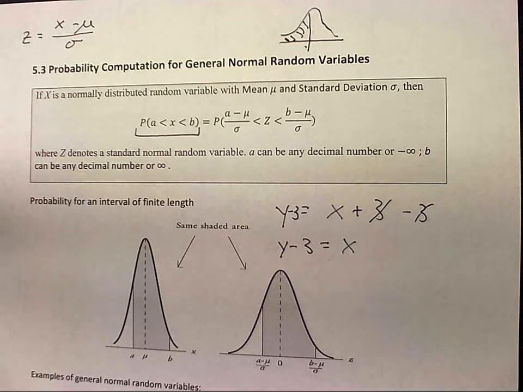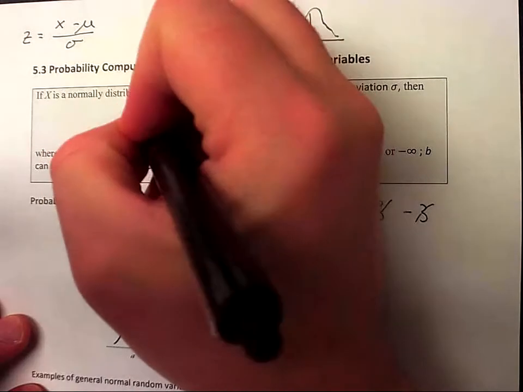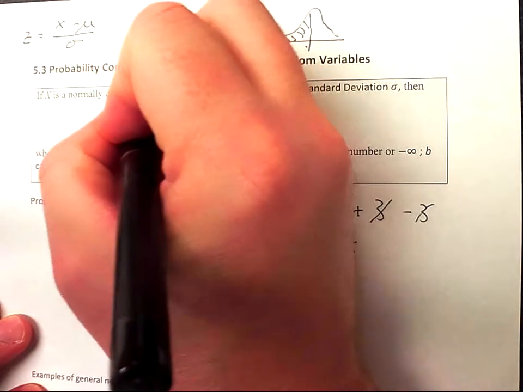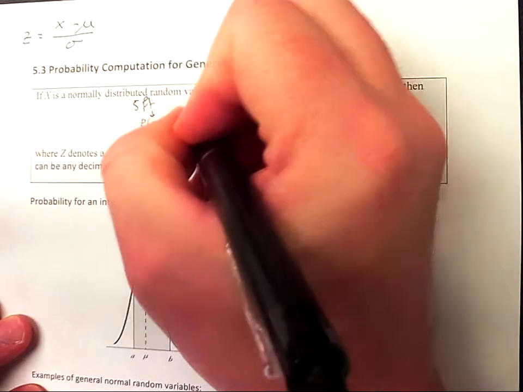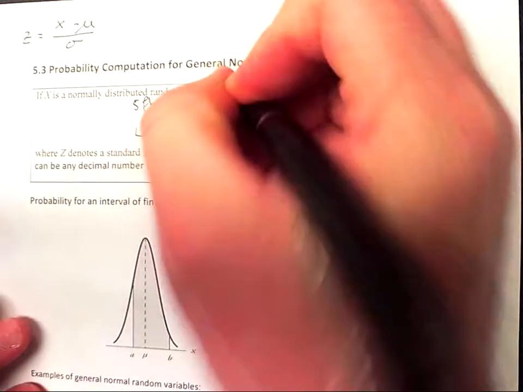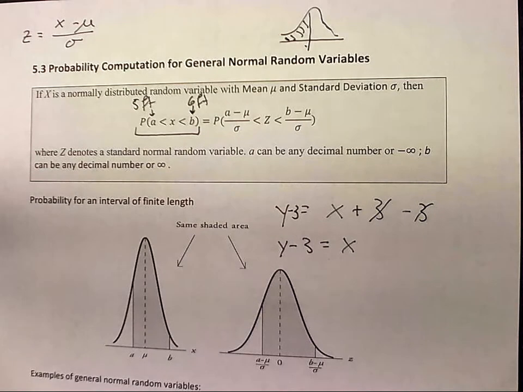Then what's going to happen is this. If we go back to that question I just asked you, where A was 5 feet and B was 6 feet, what's the probability that the height of a student at UNC Charlotte is somewhere between 5 feet and 6 feet? Now, if we're subtracting the mean and dividing by the standard deviation, this right here is just going to be some number.